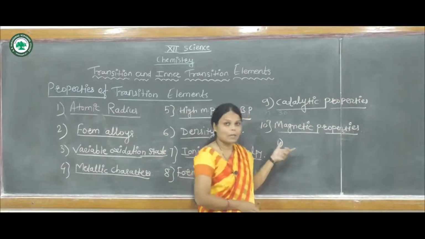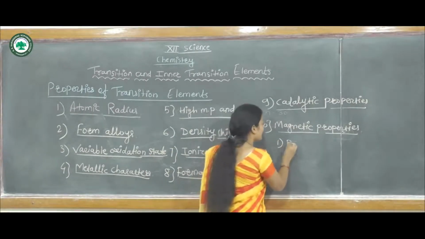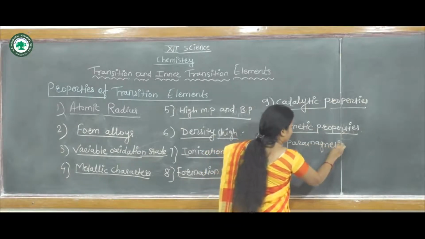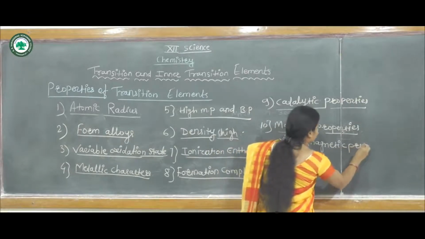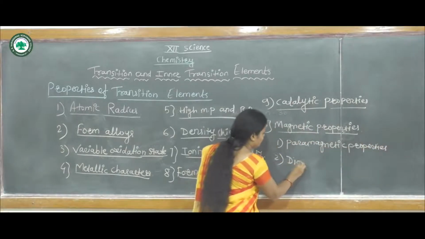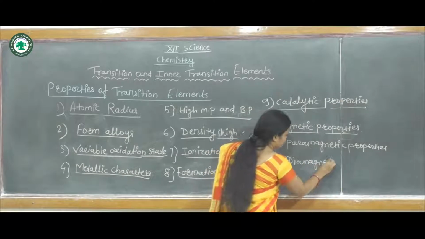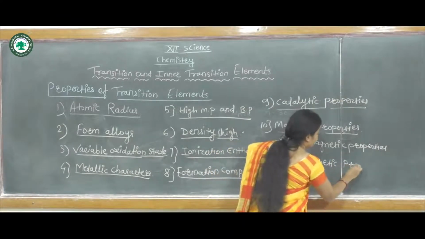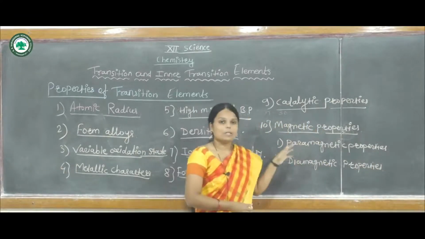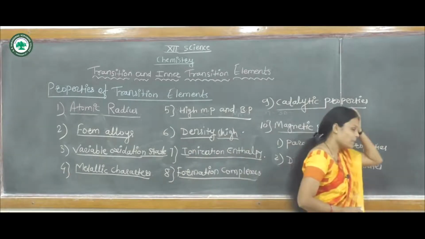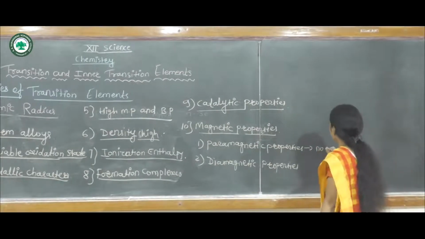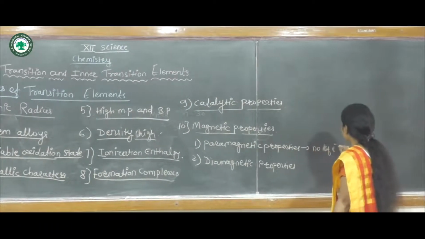The first one is paramagnetic properties and the second one is diamagnetic properties. First, in paramagnetic properties, a number of unpaired electrons are present, and that's why they show paramagnetic properties.